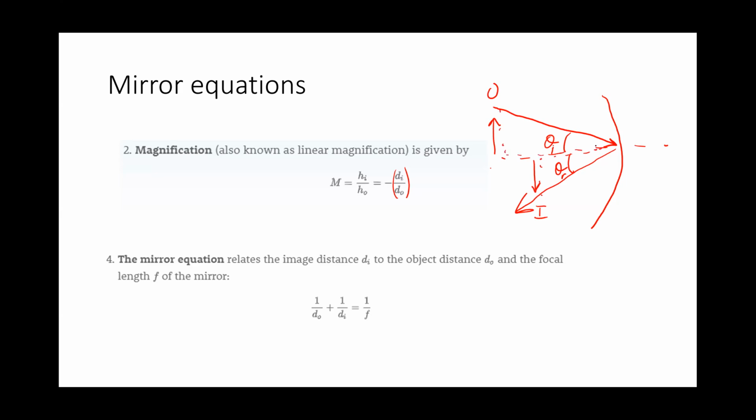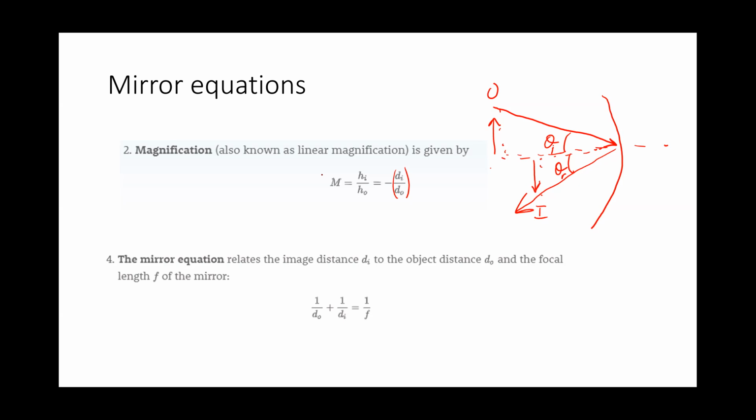The ratio of the height of the object and the height of the image is going to be the same as the ratio of the distance to the image and the distance to the object. That's also going to eventually show us that if we want to build something like a telescope, we're going to need more than one lens or more than one mirror.